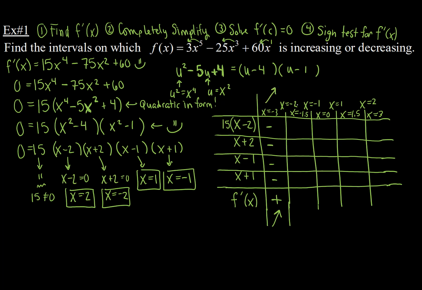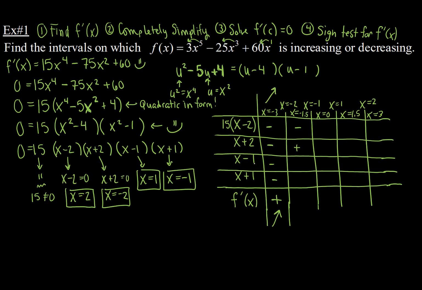All right, so now let's look at our next region between negative 2 and negative 1. We're going to use the test value of negative 1.5. So for 15 and x minus 2, I'm going to get a negative. For x plus 2, I get a positive. Remember, I'm just plugging them into here. Negative 1.5 plus 2 gives me a positive 0.5. I don't care about the number. I care about the sign.